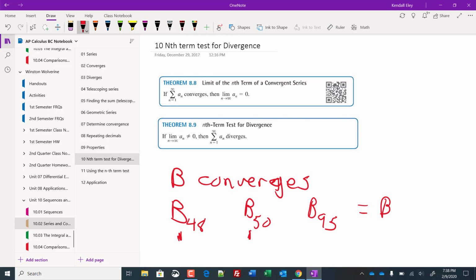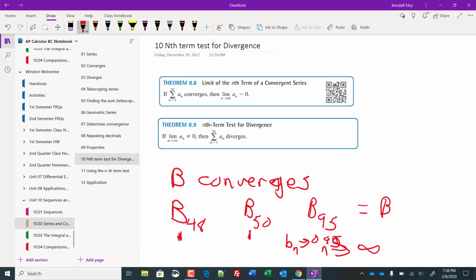So another way of thinking of this is, as we add terms to this more and more, what's happening to the terms themselves? What's happening to little b as n approaches infinity? Well, since all of the partial sums are approaching one specific number, each individual term is getting smaller and smaller. Therefore, b sub n is approaching 0 as n approaches infinity.